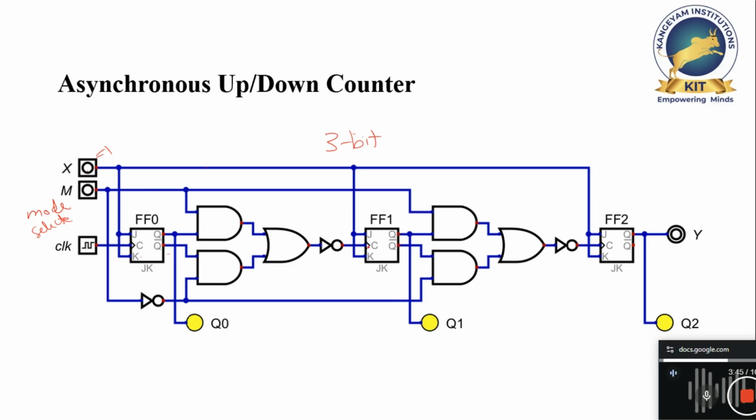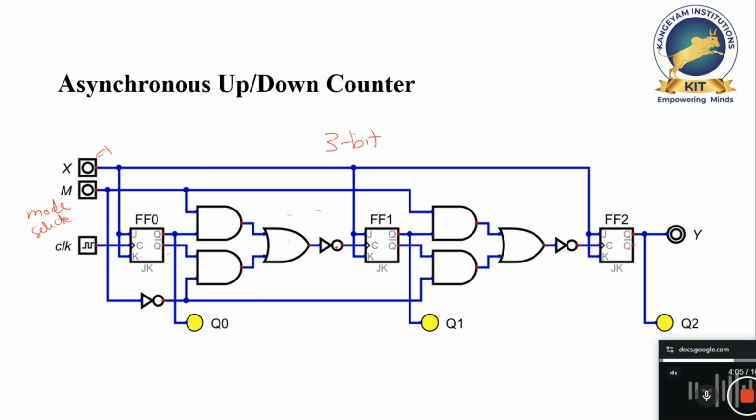If you have three flip flops, you will have two intermediate circuits like this. You can see here two AND gates, OR gate, two AND gates, OR gate. The output of the AND gates is given to the OR gate. The output of the OR gate is given to a NOT gate for negative edge triggering, and it is given as a clock pulse.